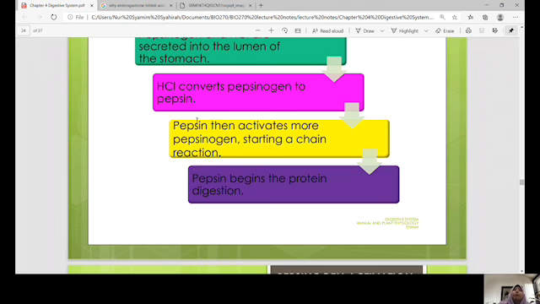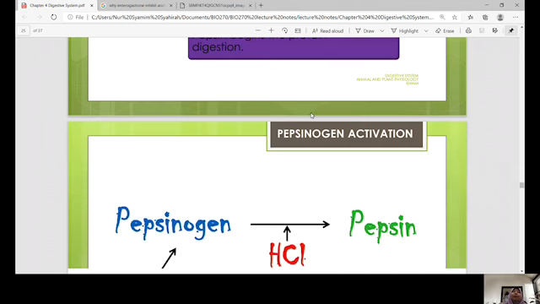When pepsin is formed, it will activate more pepsinogen, so the process continues and starts a chain reaction. When there is pepsin, pepsin will start the protein digestion.